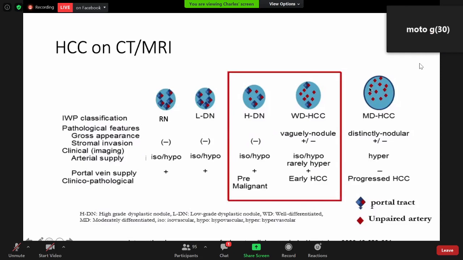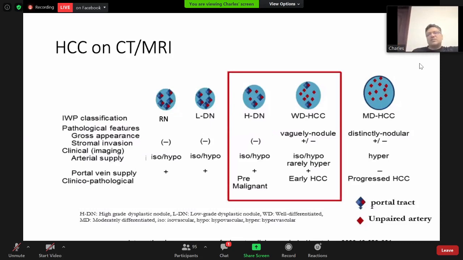And that's the reason why you get hyperenhancement in the arterial phase. In hepatocellular carcinoma, you get hyperenhancement in the arterial phase because they are supplied by the unpaired arteries, and there's no portal vein. So when it comes to the portal venous phase, there's no blood supply to the hepatocellular carcinoma compared to the surrounding liver.